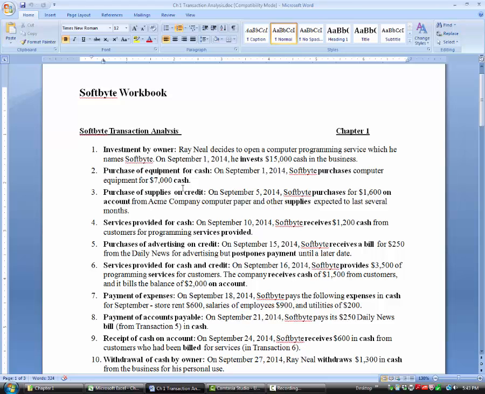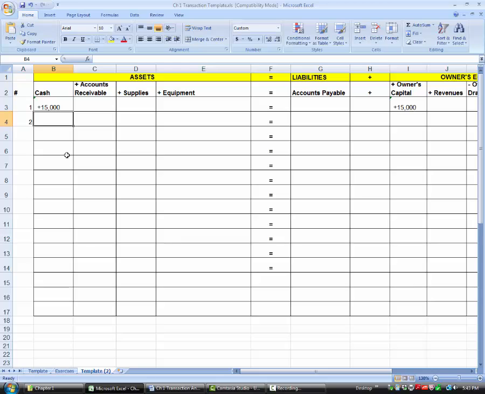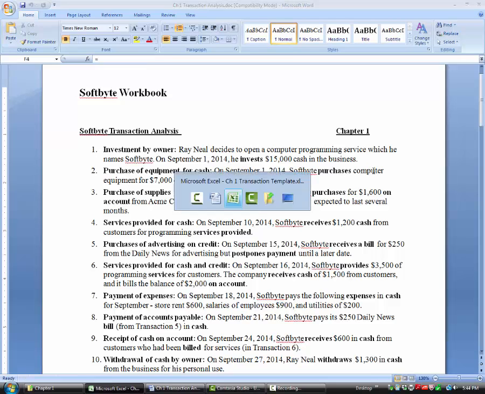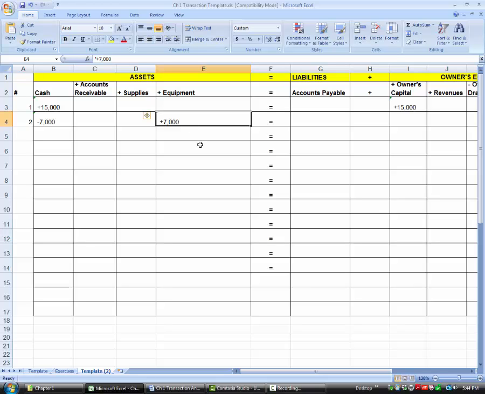That means the company has more equipment, and you have also had to pay cash for that. So when we pay cash, our cash goes down. So cash is going to decrease by $7,000. And then since we purchased additional equipment, we will increase equipment by $7,000 as well. So a decrease in cash because we paid cash for the equipment, and an increase in the computer equipment because we bought the asset equipment.